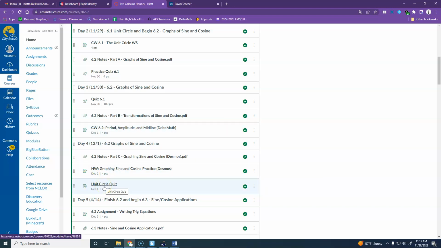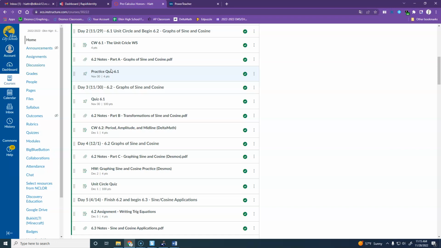Thursday, you will have to know the unit circle. So we are going to have a quiz Wednesday on using the unit circle. You will see tomorrow what that's going to look like and what you're going to do. There's a practice quiz that you'll do to practice for it, so it'll be no surprise. On Wednesday, you may use your unit circle for that quiz. Thursday, I'm giving you the blank unit circle quiz, which should be a 100.